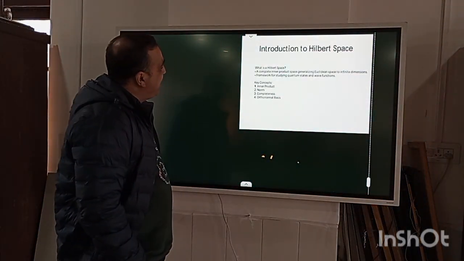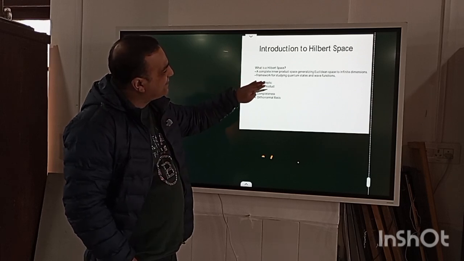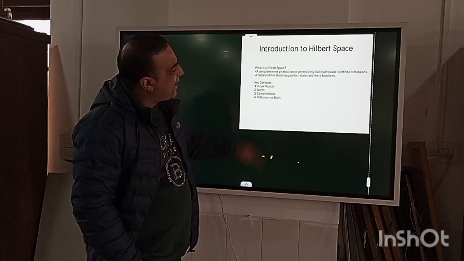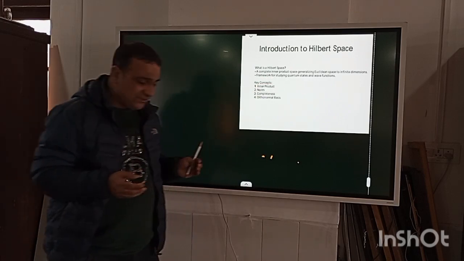So we can see here a complete inner product space generalizing Euclidean space to infinite dimension. It's the more precise definition of a Hilbert space.